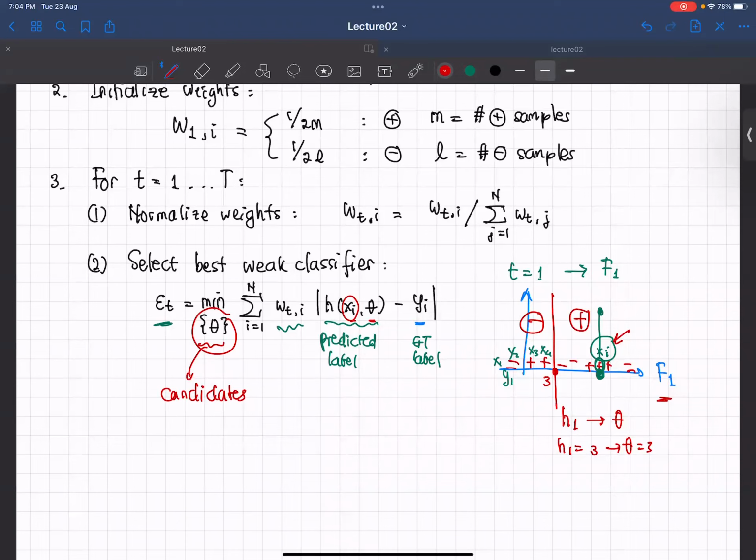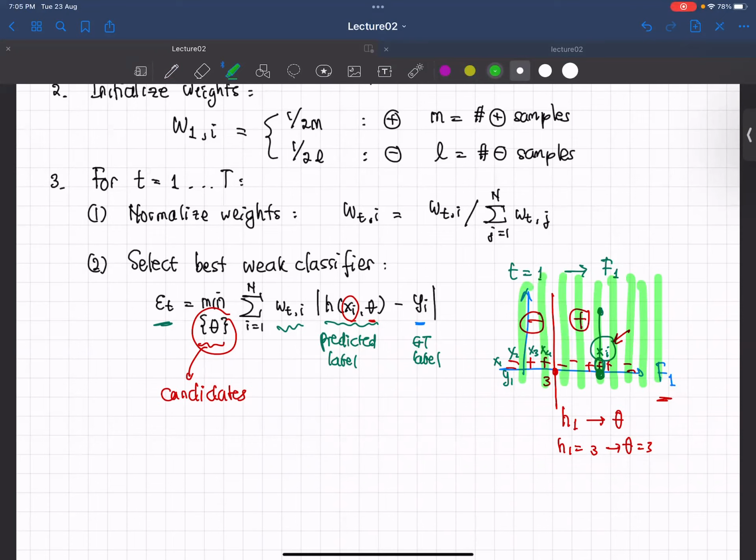So if your classifier is integer from 0 to 100, then how many candidates will we have? If you know theta have to be integer, and you have the range from 0 to 100, how many theta candidates that you will have? 100 lines, 100 possible theta. So in other words, you will have all the possibility there. And all these are the candidates.